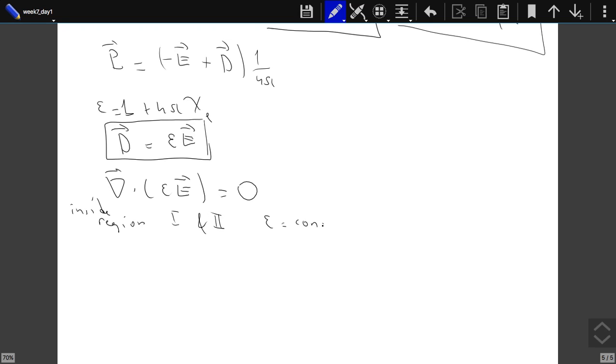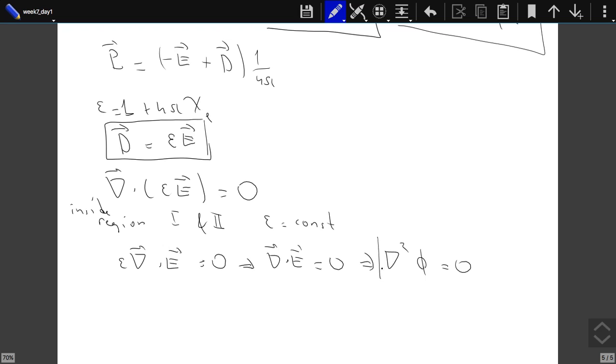This is region 1, this is region 2. Is epsilon constant in region 1? Is it constant in region 2? Yes. So inside region 1 and region 2, epsilon is just constant, either epsilon 1 or epsilon 2. So I can take the epsilon out.